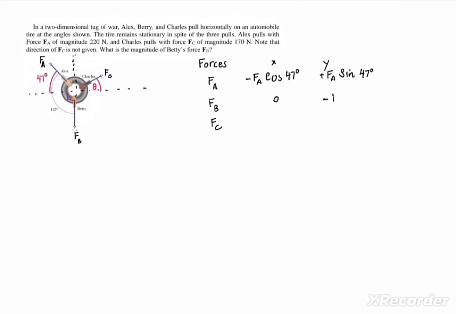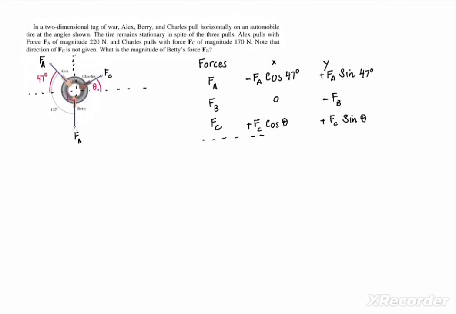We have a negative y direction. And then for FC, it is in the first quadrant, so both x and y components are positive. So we'll have positive FC cosine theta. We don't know the value of theta. And then positive FC sine of theta for the y component.